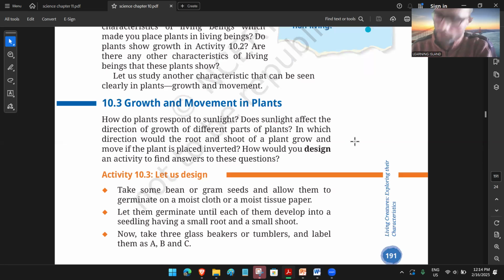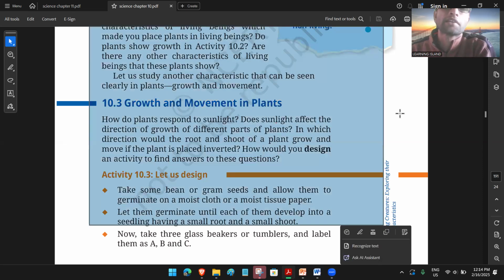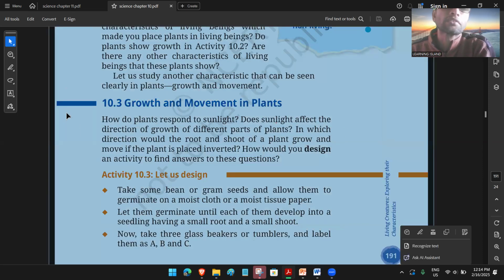Okay, this is the tendency of the plant. So it means it is responding to the sunlight. That is stimuli. It is growing in the direction of sunlight. This is the stimuli. Okay.